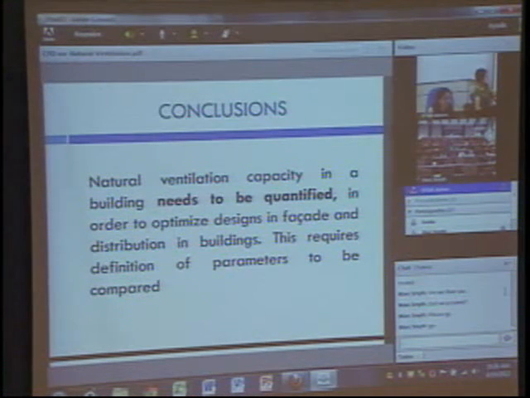What do we conclude of this study? Natural ventilation needs to be quantified because we need a tool to compare. The only way to compare is to have any parameter to be measured, calculated, or validated.